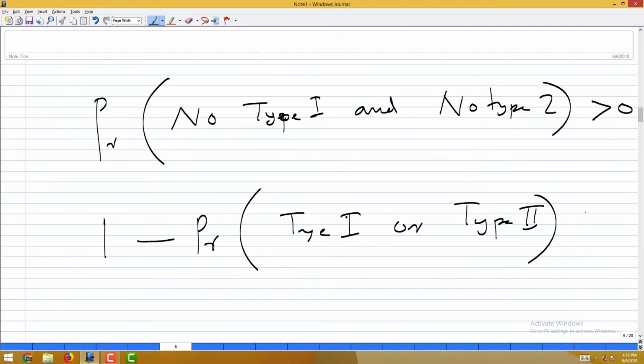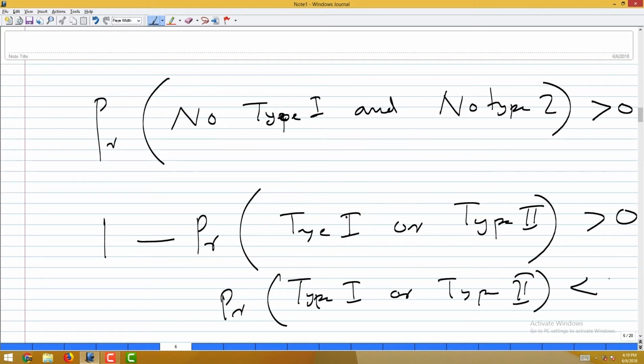So we want this to be greater than 0, that means the probability of type 1 or type 2 should be less than 1. This is what we want.